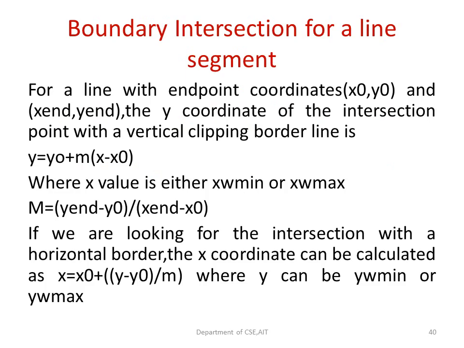So having the boundary condition is one thing. One more thing is we will have to identify exactly where this line is intersecting the window. You need to find exactly what the x value and the y value will be. If we have endpoints x0, y0 and xend, yend as the line coordinates, we can find the y coordinate of the intersection point with a vertical clipping border line by using y = y0 + m(x - x0), where m is the slope.